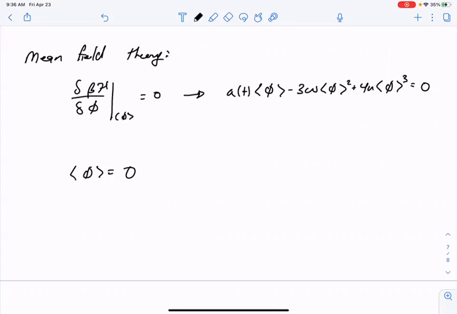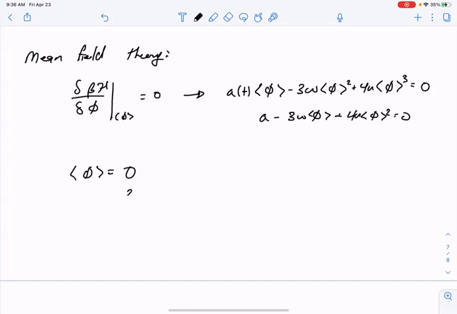or if I factor out one of those phi's, I have a quadratic equation. We all know how to solve quadratic equations.